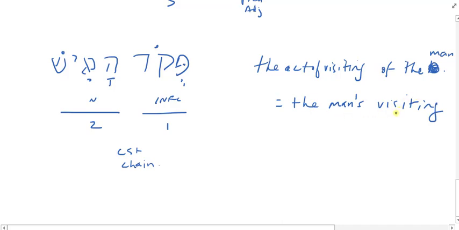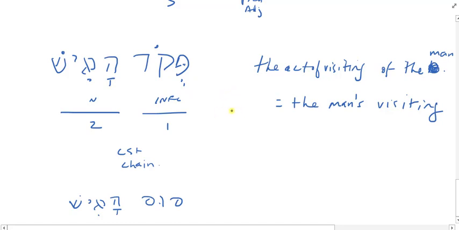The man's visiting. Okay? The act of visiting of the man, or the man's act of visiting. Okay? So, just like I could have sus ha'ish. There's a construct chain where the first member of the construct chain is in fact a noun: the horse of the man, which is the man's horse. The visiting of the man is the man's visiting. Okay.